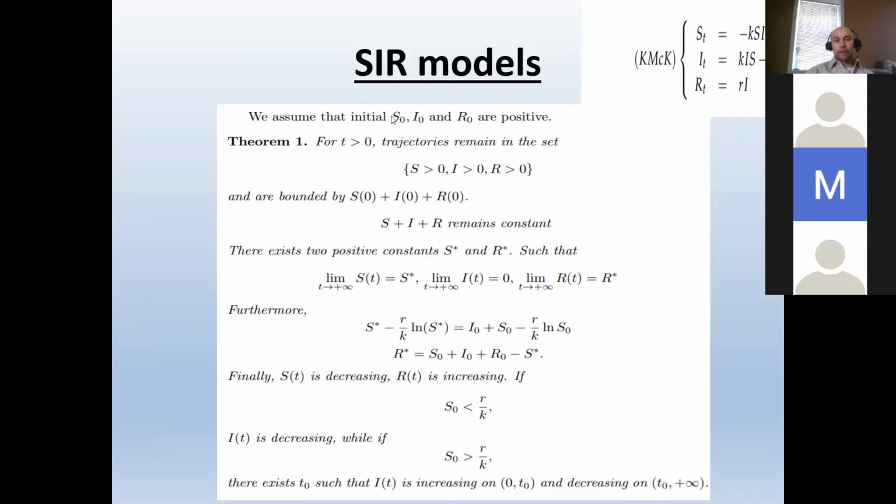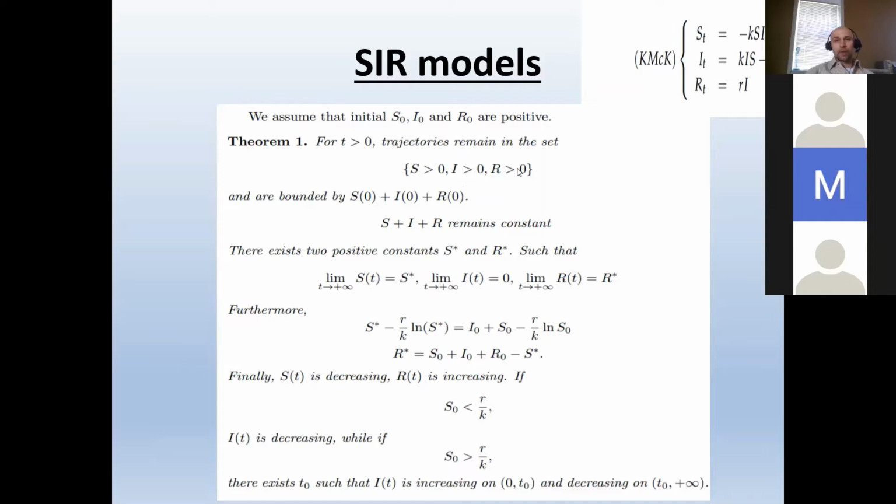If you start with S0, I0, R0 positive numbers, then for all t they remain positive: S of t greater than 0, I of t greater than 0, R of t greater than 0.